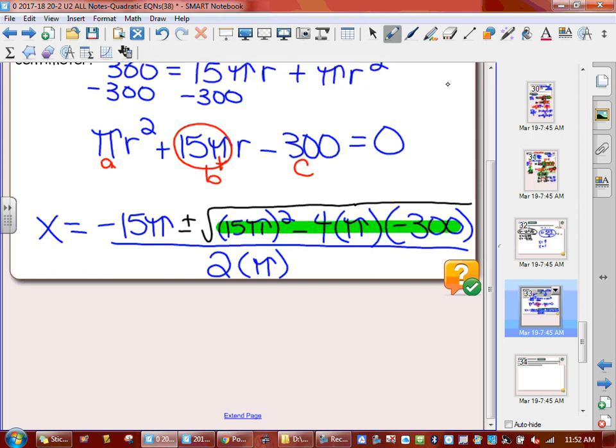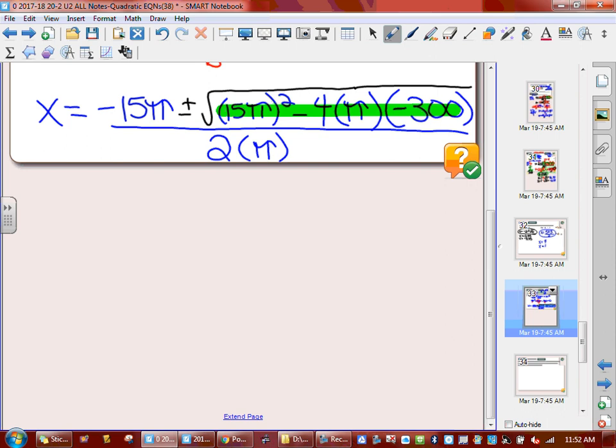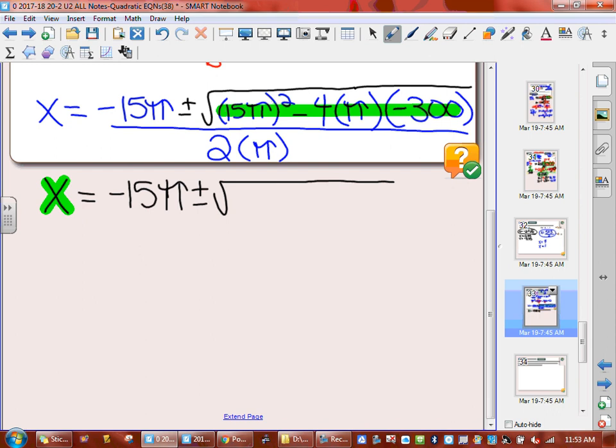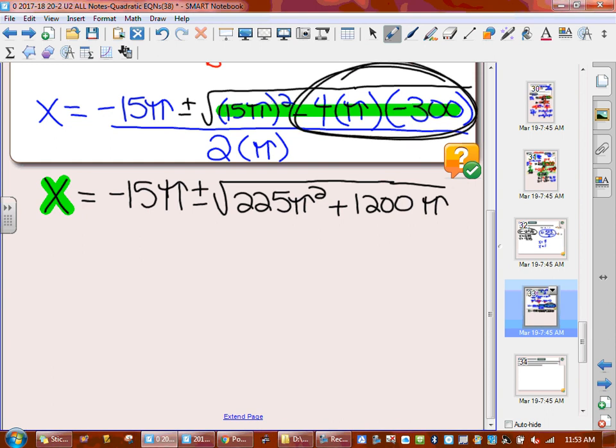So now we've got x equals negative 15 pi plus and minus root 225 pi squared plus 1200 pi. That's what this part right here, that's giving me my 1200 pi. Okay? All divided by 2 pi.